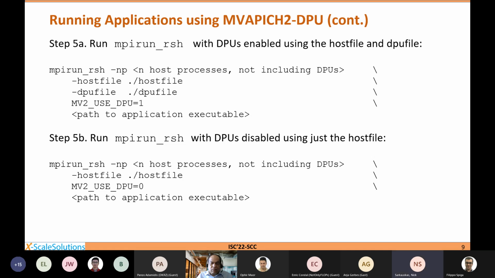So you can count the number of host processes by just doing wc -l like in Filippo's script if you use the duplicate method instead of the : method. And then in order to run with DPU disabled, what you can do is just remove the -dpufile argument and then set MV2_USE_DPU equals to 0.